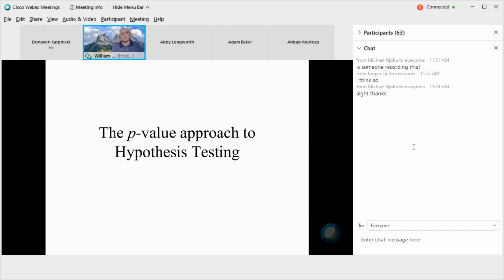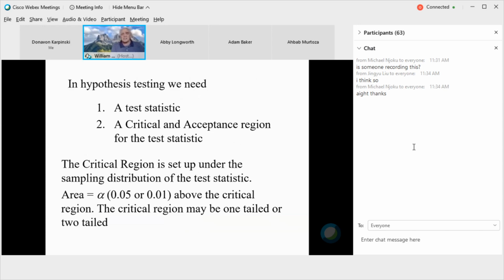The p-value approach. This is an alternative way of hypothesis testing. You have a test statistic. Usually you have a critical and acceptance region. The critical region is set up so that the area over it is equal to alpha: 0.05, 0.01. The value you choose, 0.05 or 0.01, depends on the seriousness of a type 1 error.